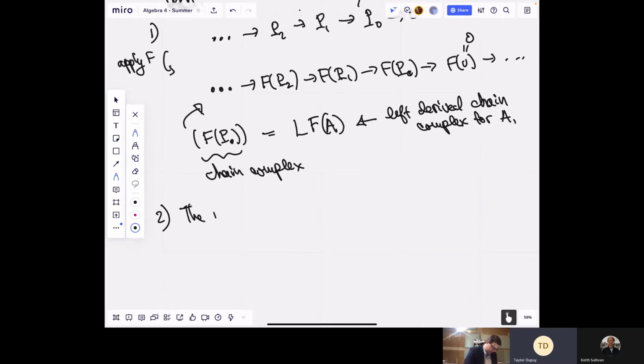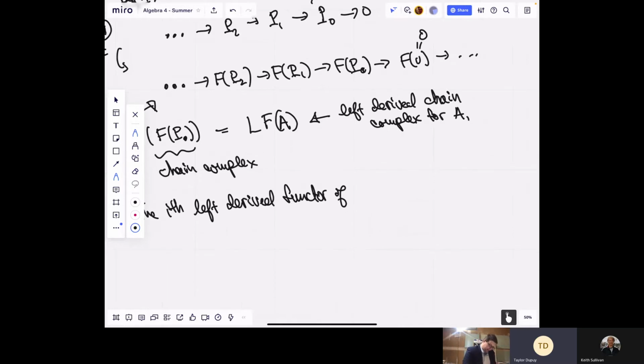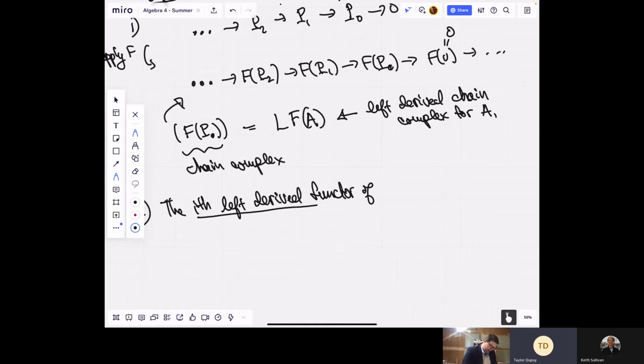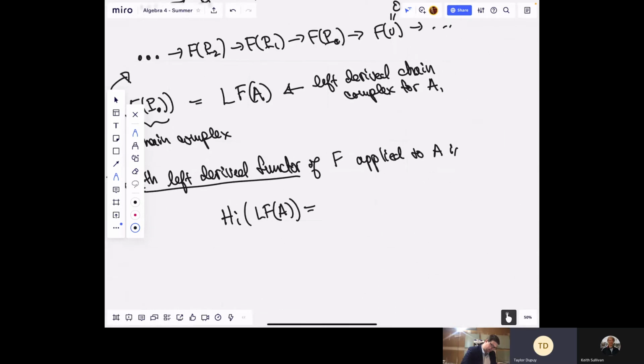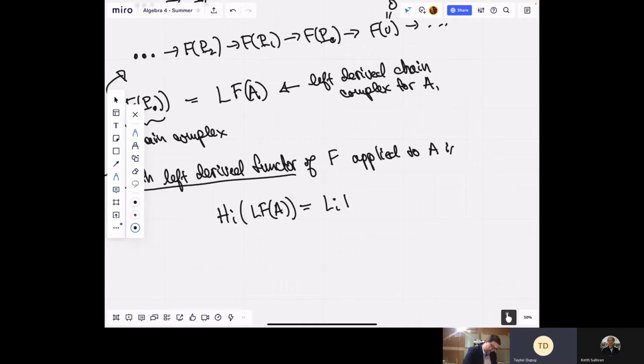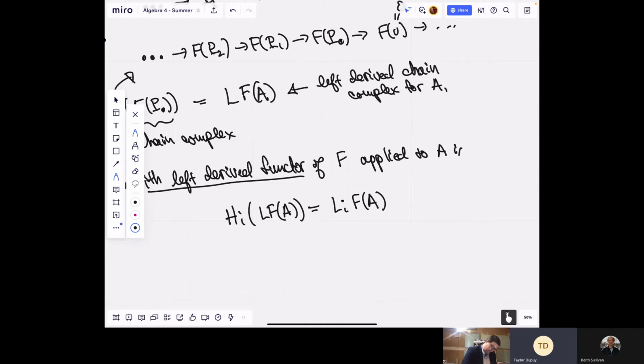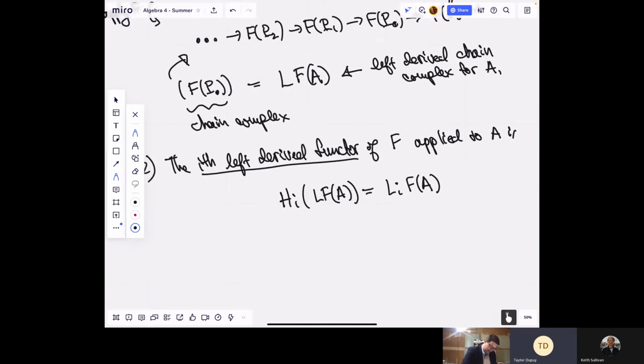The i-th left-derived functor of F applied to A is the homology of this complex, and we use the notation L_i F of A. Let me put this in parentheses.